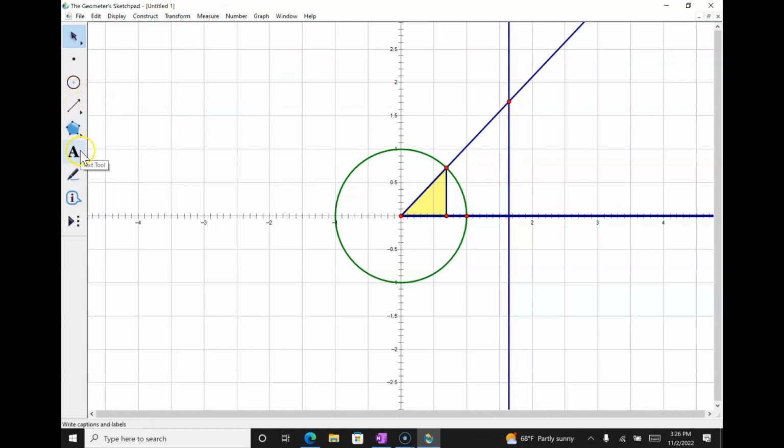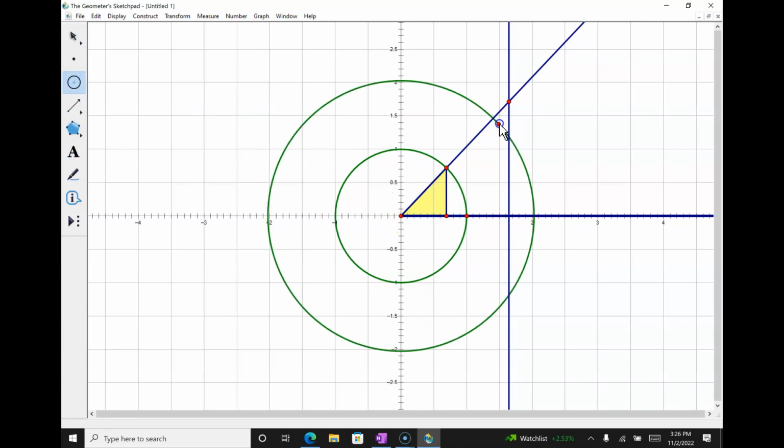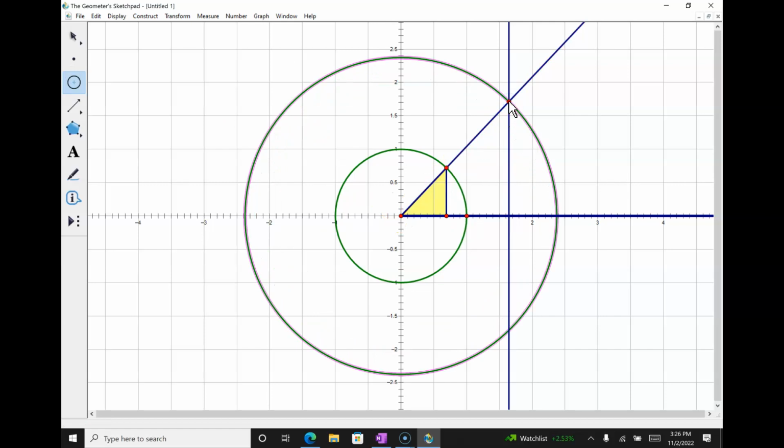So now you can see I have two right triangles embedded with the circle centers at the origin, and on each hypotenuse is the radius of the circle. So I'm going to finish off these two sides, and these two sides, and I'm just going to hide a bunch of stuff.